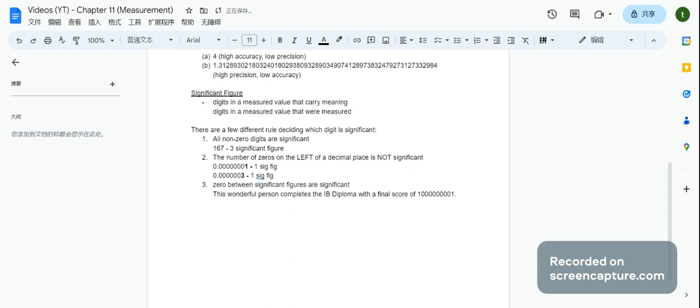You can see that there are zeros, but there's a 1 that is a significant figure, and there's also another 1 that is a significant figure. Therefore, those zeros inside the two ones are also significant. So in this case, all of those digits are significant. Therefore, we would have 1, 2, 3, 4, 5, 6, 7, 8, 9, 10 significant figures.